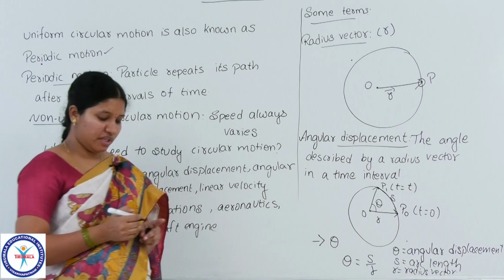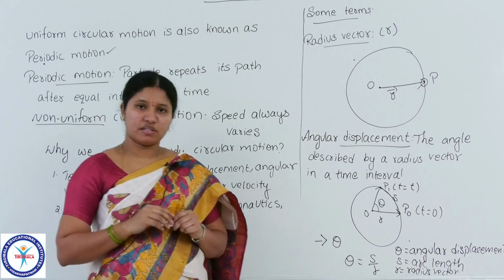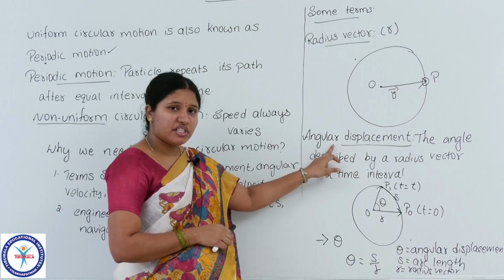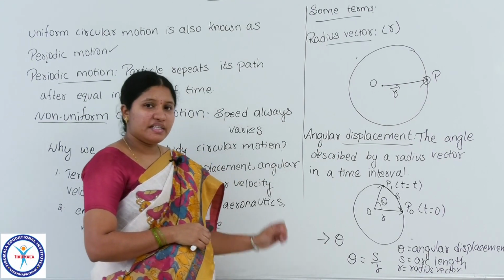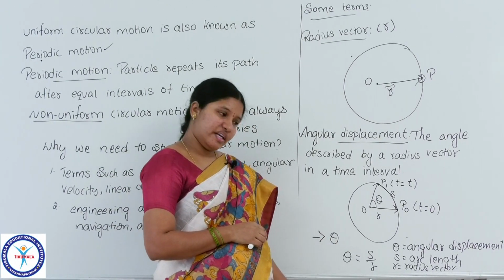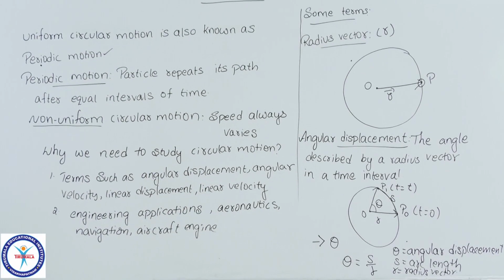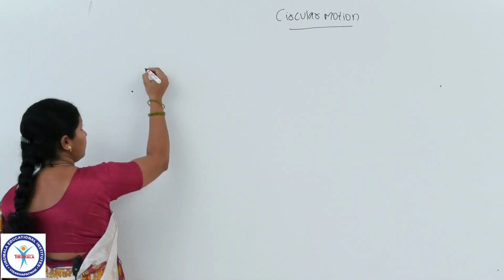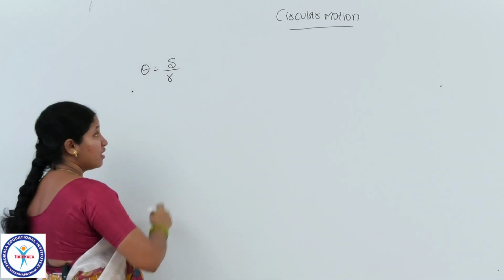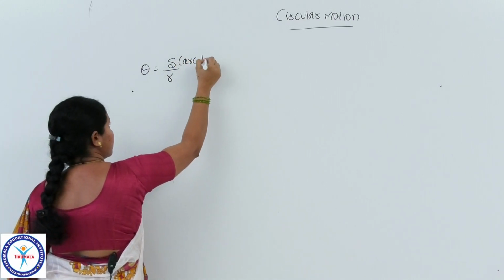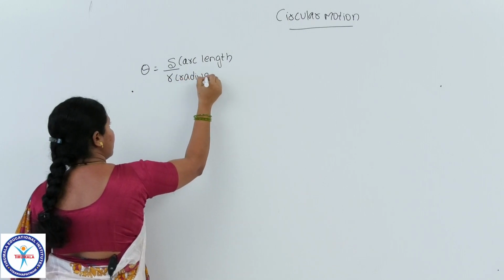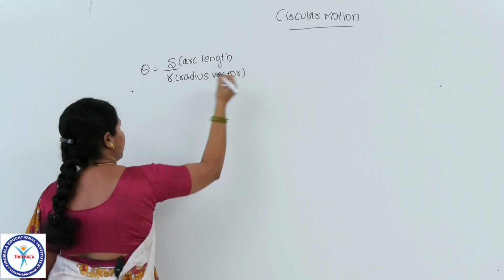So angular displacement is the angle made by the radius vector in a given interval of time, and it is given by the formula angular displacement equals arc length by radius vector. So in the expression theta is equal to S by R, S is the arc length, R is the radius vector, and theta is the angular displacement.